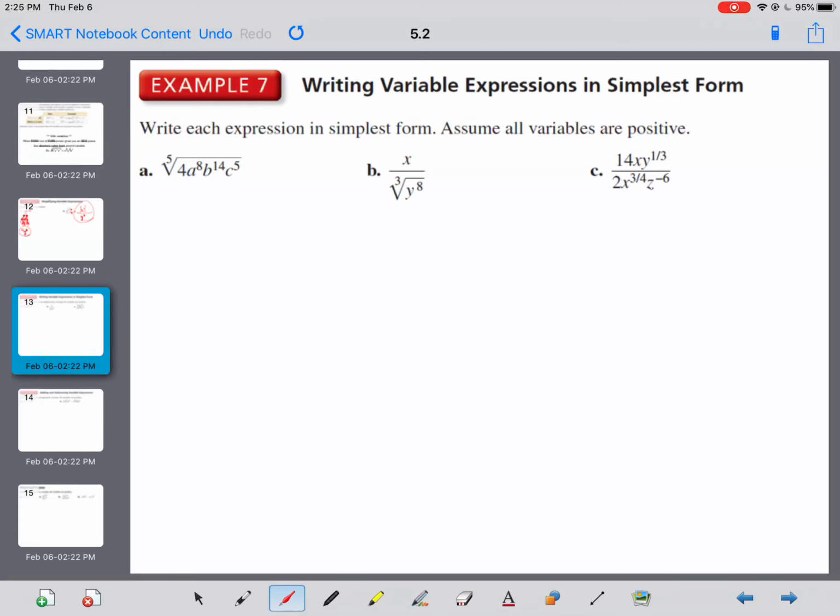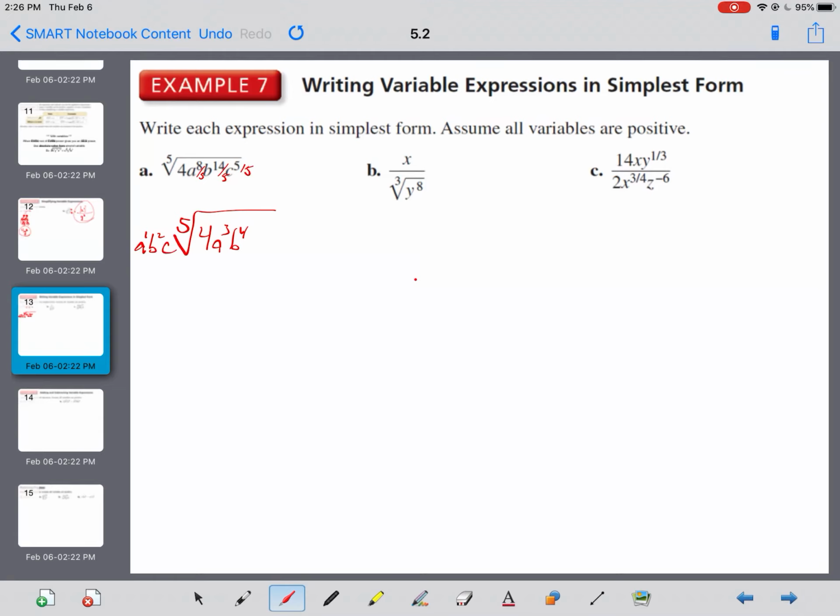So write each expression in the simplest form. Assume all variables are positive at the moment, so we got to bring in those bars as we need to. There isn't a fifth root of 4, so that's going to stay in. 8 divided by 5, it'll go once with 3 left over. 14 divided by 5, it'll go twice with 4 left over.